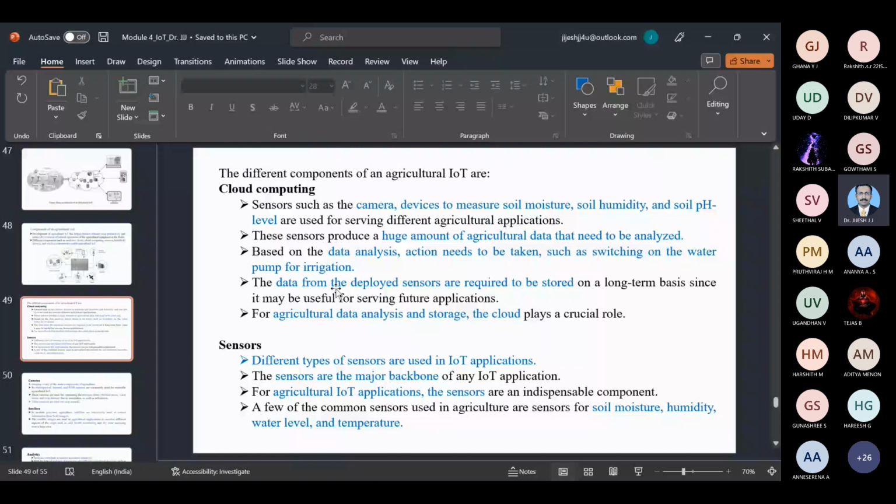You have to make sure that accuracy is improved to the maximum extent, such as switching on the water pump for irrigation, which plays a major role. As I told you, more water content is not good, and less is also not good. So you have to make sure what is required, water or minerals or pesticides, and optimum usage has to be there.